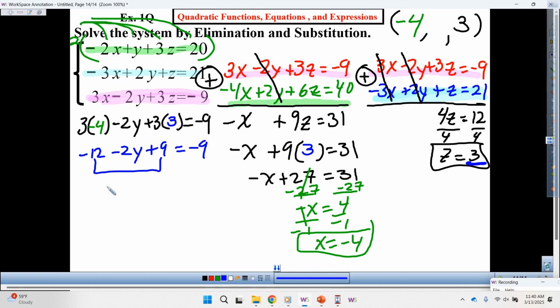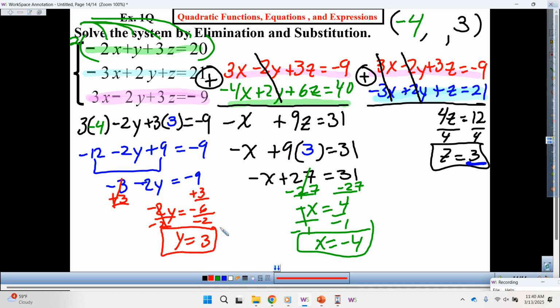Combine like terms, that is -3 minus 2y equals -9, and we solve. Plus 3 plus 3. -2y equals -6. Divide by -2. Y equals 3. And this is my solution.